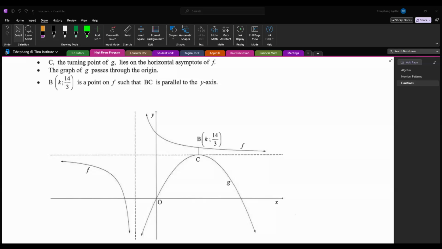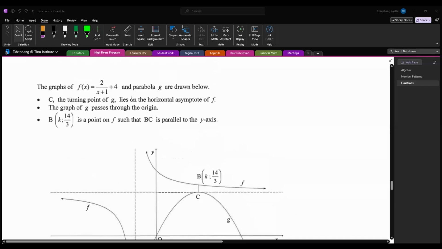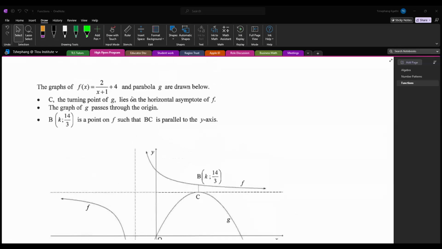here's a new question. Now, let's see the graphs of f of x, which is a hyperbola, 2 over x plus 1 plus 4, and a parabola g drawn below. The turning point of G lies on the horizontal asymptote of F. So it is touching that asymptote, not if, but it is, okay?